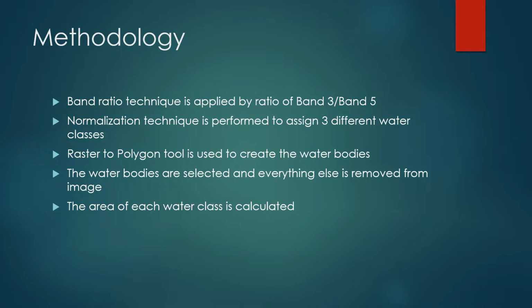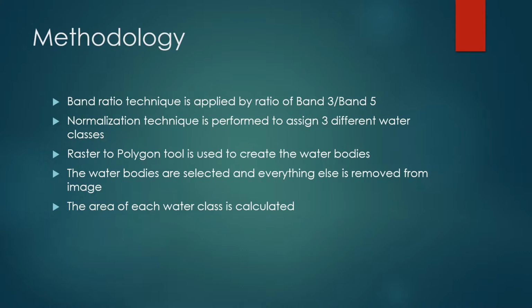The steps performed in this project are, first, that the band ratio technique is applied by using the ratio of band 3 divided by band 5. Next, a normalization technique is performed to assign the 3 different water classes, which are shallow, average depth, and deep water.